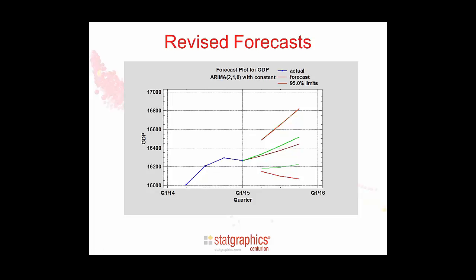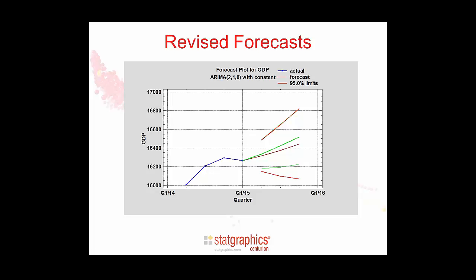Once I put the leading indicator in, two things happened. First off, the forecast function went up a little bit. It's a little steeper than it would have been without the leading indicator. And also the 95% bounds have tightened. That's not unexpected.